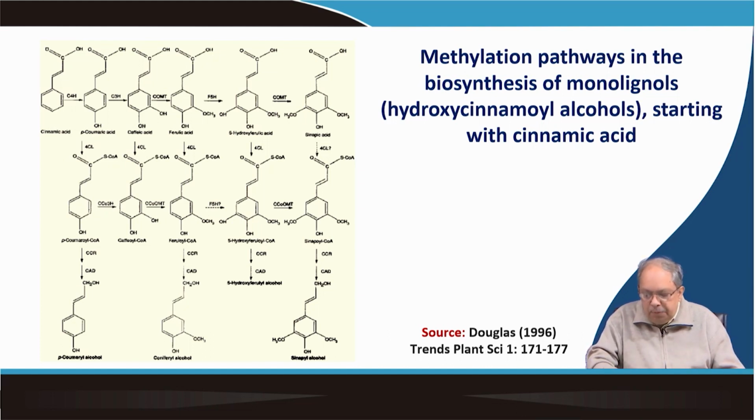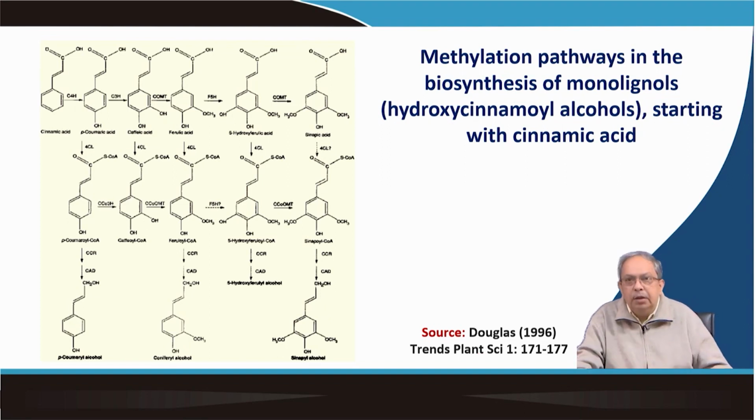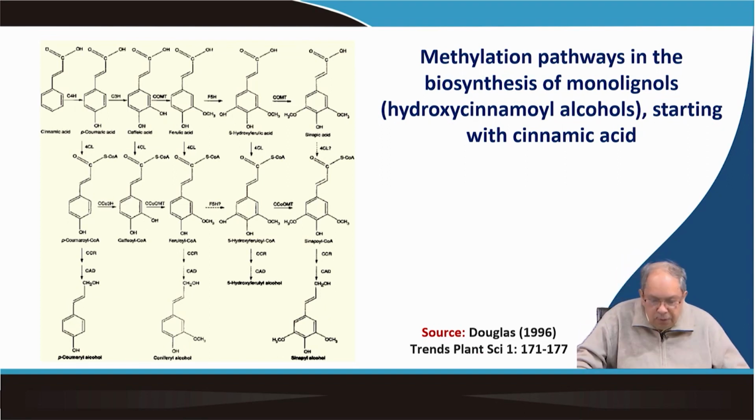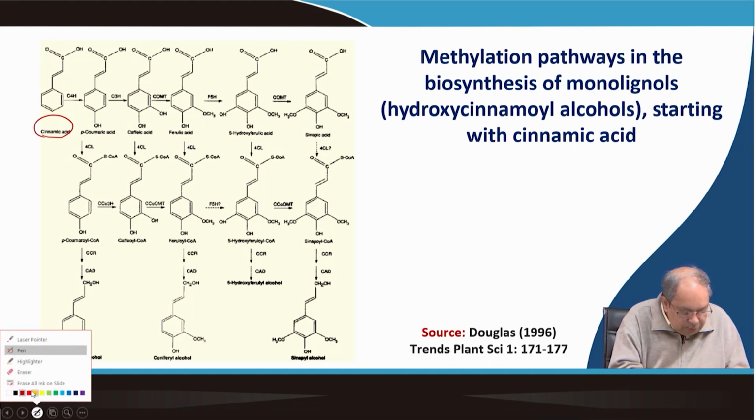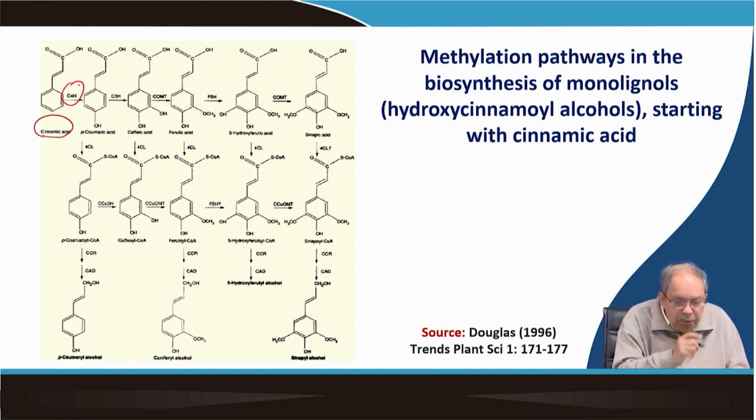This was published in the first year of the journal Trends in Plant Science, which started publishing in 1996. What we see here is again cinnamic acid. By the action of cinnamate 4 hydroxylase, it makes paracoumaric acid.